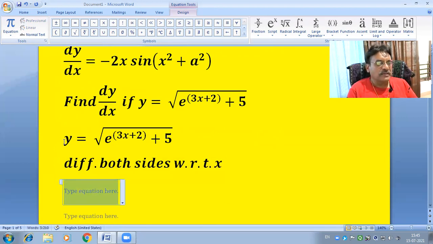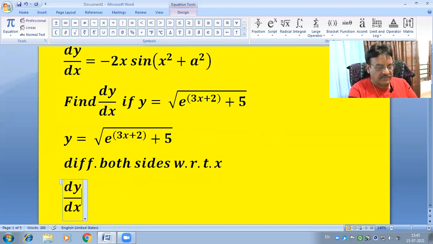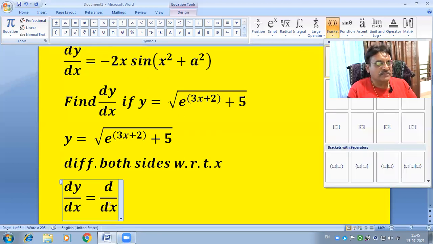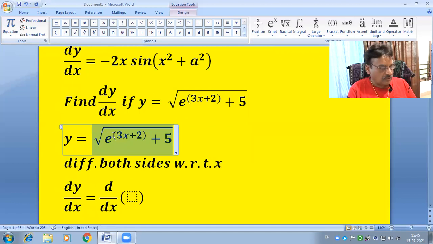Therefore, d/dx of y, so we write dy by dx, which is equal to d/dx of the right hand side function, and the right hand side function is under root e to the power 3x plus 2, plus 5.